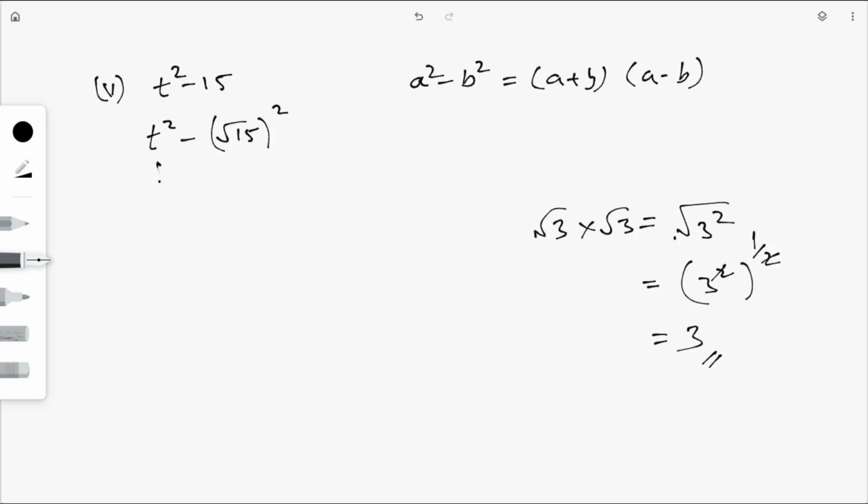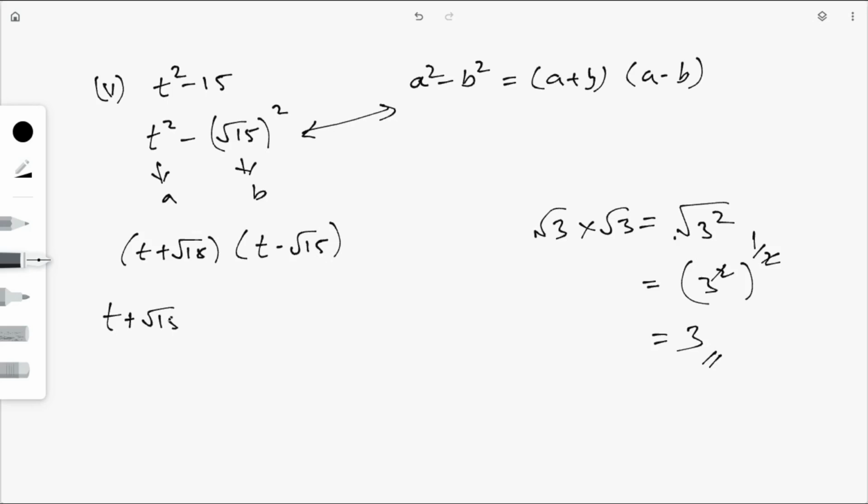So here this is my A and root 15 is my B. If you compare, the factors are t plus root 15 and t minus root 15. Equate them to 0. t plus root 15 is equal to 0, t minus root 15 is equal to 0.